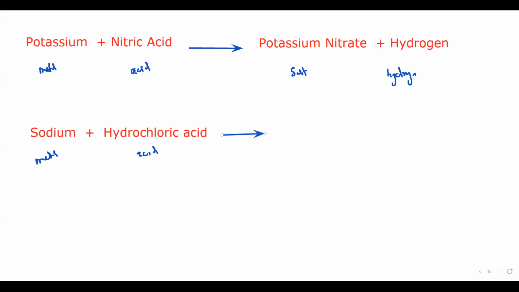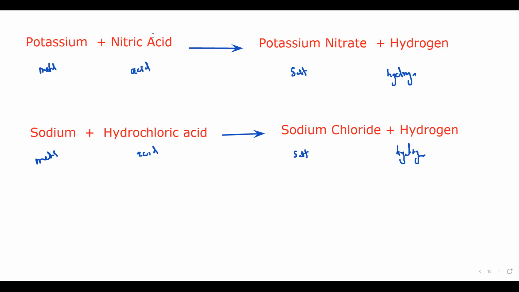The first name, the salt name, is from the metal, and the second part is from acid. Hydrochloric acid gives chloride salt, sulfuric acid gives sulfate salt, and nitric acid gives nitrate salt. So it will be sodium chloride plus hydrogen. So this will always be a product whenever acid is reacting with metal.